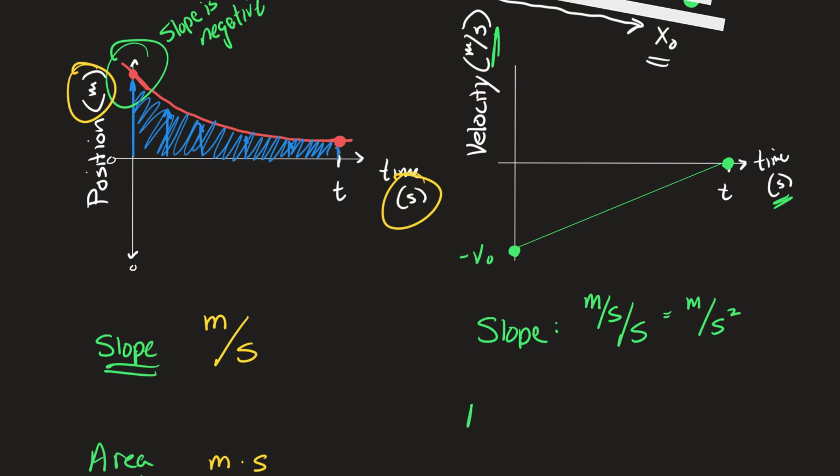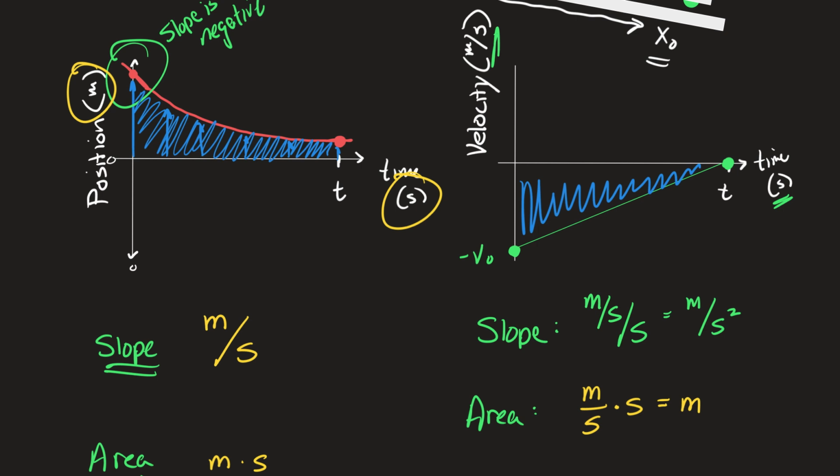But let's consider the area. The area for this graph would be the area bounded in that section. Now in that section, I take the units from the vertical axis, meters per second, multiply by the units of the horizontal axis, seconds, and this gives me something in meters. Lots of things are measured in meters.